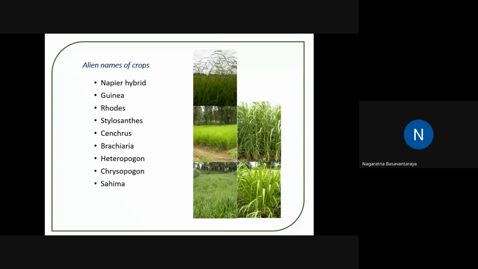Till today, we don't have a vernacular name for most of the fodder crops. So this also makes our job difficult, because we have to start educating the farmers from the very name of the fodder crops. Here I listed some of the names like Napier hybrid or Guinea or Rhodes or Cenchrus. So all these names are so different for the farmers to get connected to.